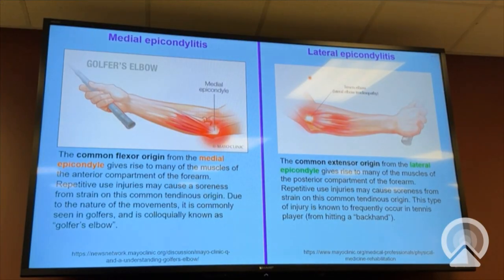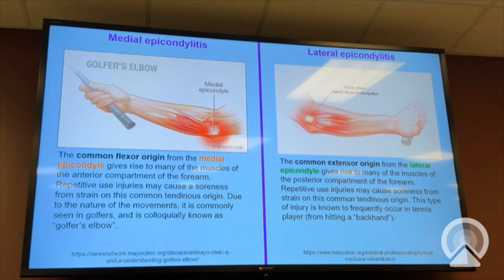All right, have to talk about these. It's against the law to give forum lectures and not talk about these very common clinical correlations. So the medial and lateral epicondylitis. Whenever you're dissecting these muscles in real life, you find the muscles, and you can find their tendons downstream. They're pretty fat, easy to find.